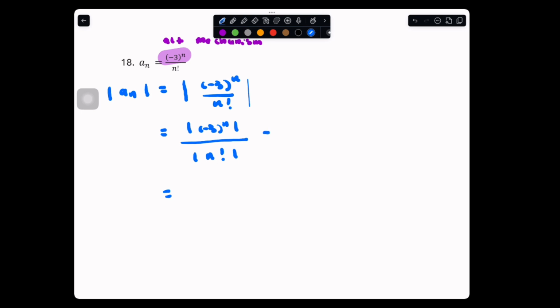So that's going to give us the absolute value of negative 3 to the n, which is really 3 to the n, that numerator, over n factorial.